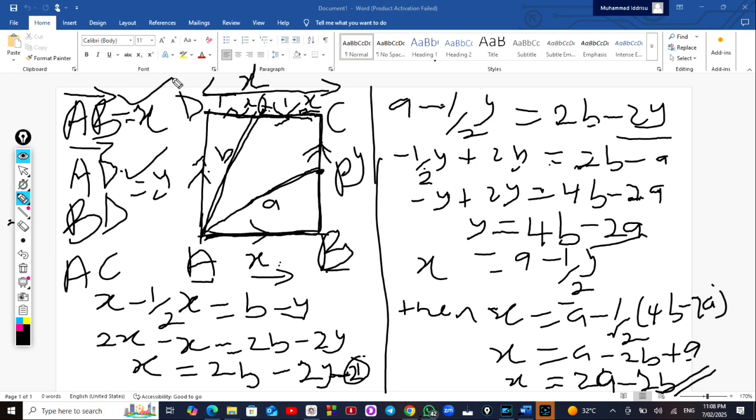So now we know our x, which is equal to AB. So now we've dealt with AB, which is 2a minus 2b. Now we are finding either AC or BD. So BD. Let me do one and leave one for you to also do, and show me your answer in the comment section or via WhatsApp. So I will find BD.